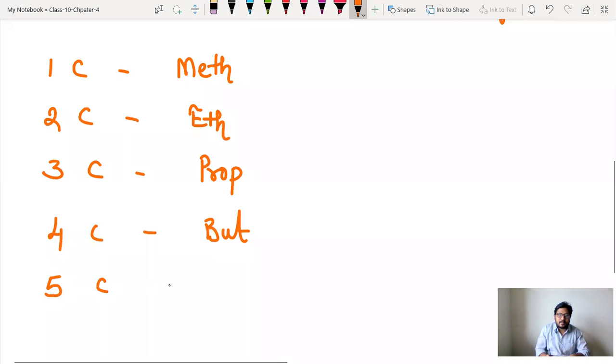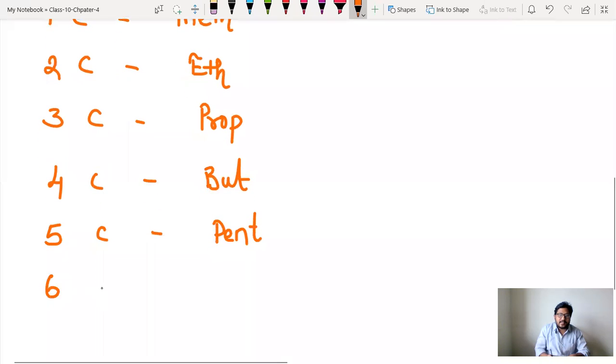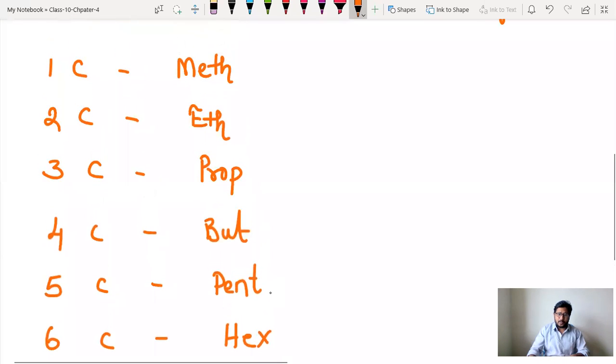Five carbons, it is pent. If it is six, we can call it as hex. In your 10th class, you have up to 6. Meth, eth, prop, but, pent, hex. Write this in your running notes. And if you want, you can take screenshots too, such that we can calculate number of carbons, number of hydrogens by using few formulas.